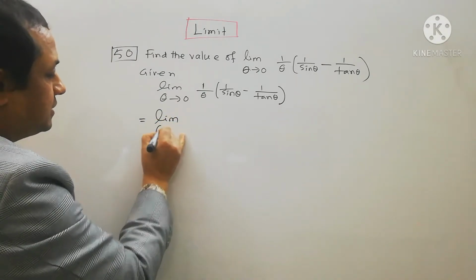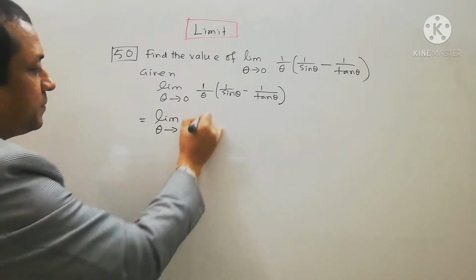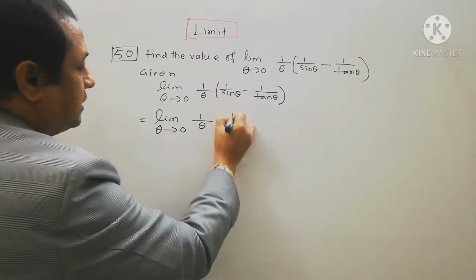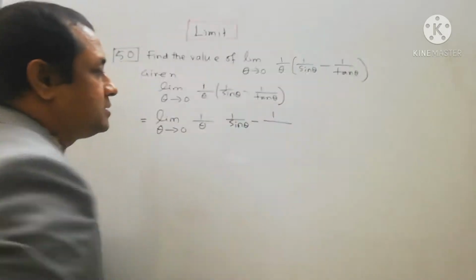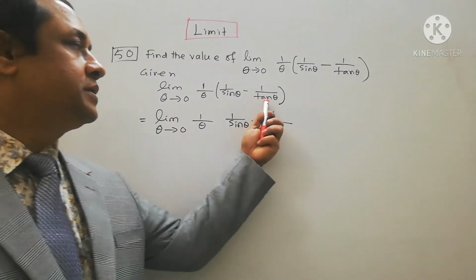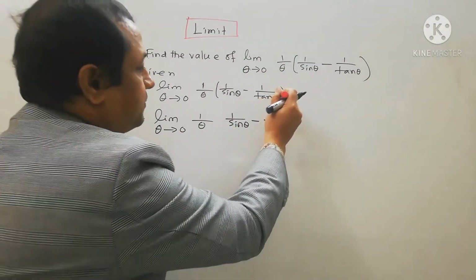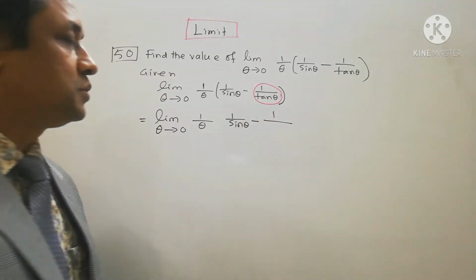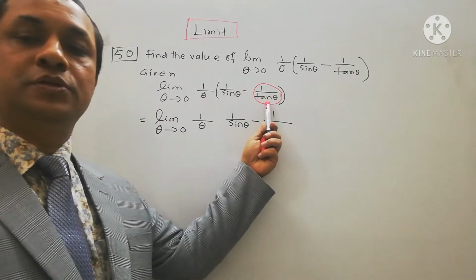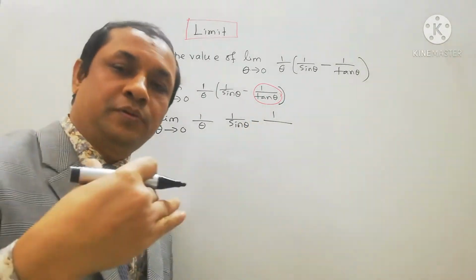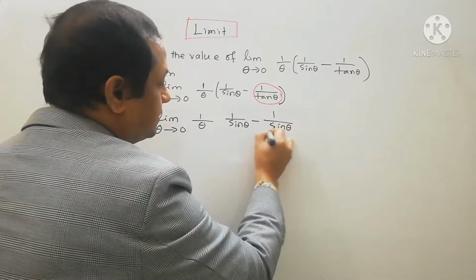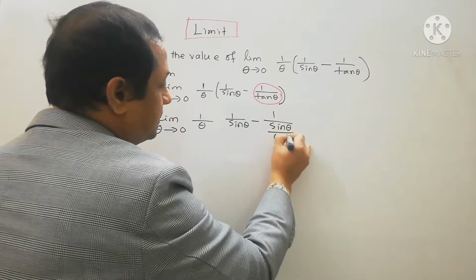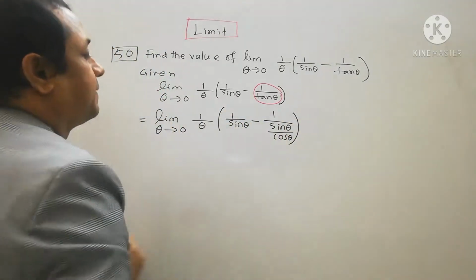Limit theta tends to 0, 1 by theta, here 1 by sine theta. Now we know that, student, here using the formula, tan theta equals sine theta by cos theta. So we can write tan theta equals sine theta by cos theta.